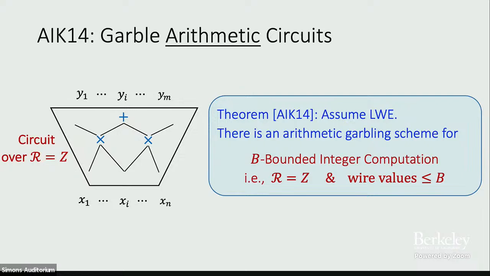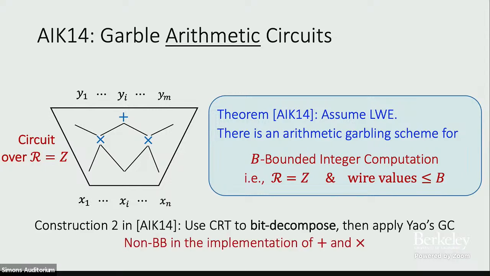And furthermore, if I consider integer computation, the value grows doubly exponentially with the depth of the computation. So in order for everything to be efficient, they put this constraint that this is an integer computation, but has the guarantee that all the wire values are bounded by an a priori bound B. Okay.